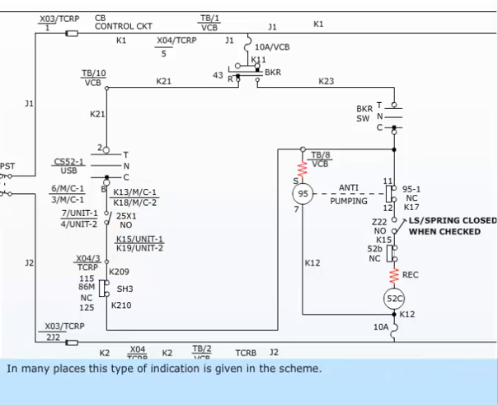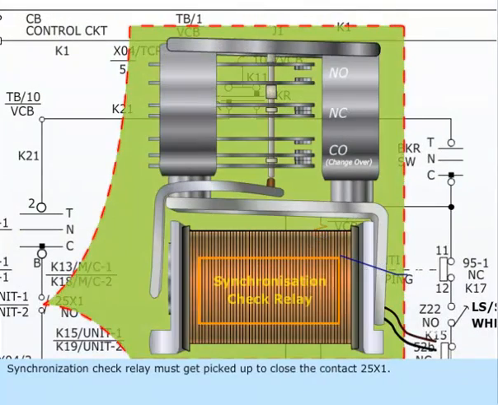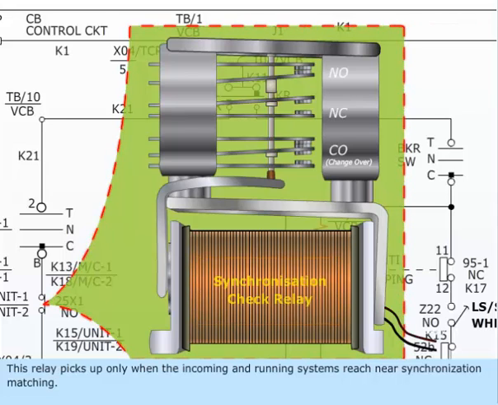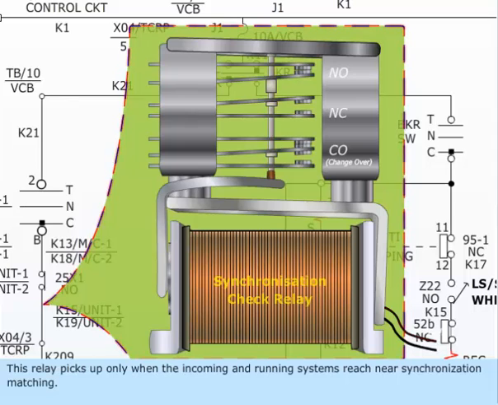In many places, this type of indication is given in the scheme. Synchronization check relay must get picked up to close the contact 25x1. This relay picks up only when the incoming and running systems reach near synchronization matching.